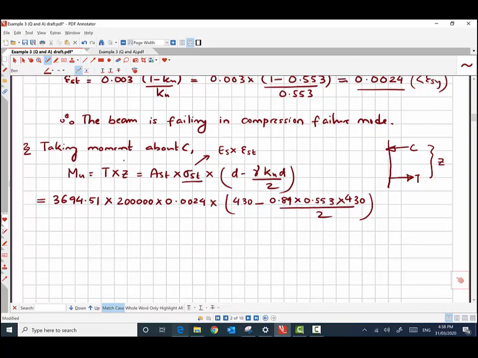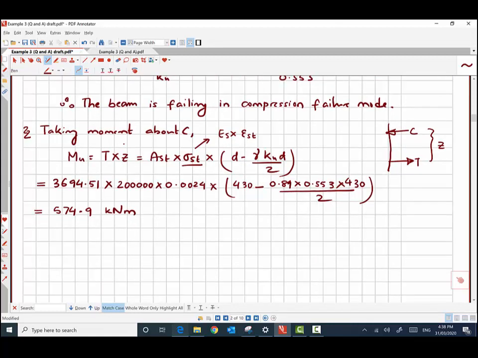your ultimate moment capacity. The ultimate capacity for the beam comes as 574.9.